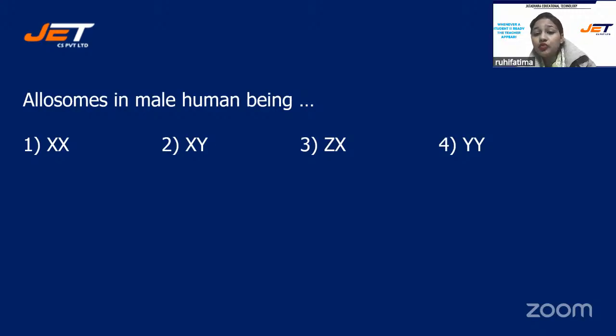Allosomes in male human being. Your options are number 1, XX, option number 2, XY, or option number 3, ZX? Students, we are talking about allosomes in male human being. What will be the correct answer?